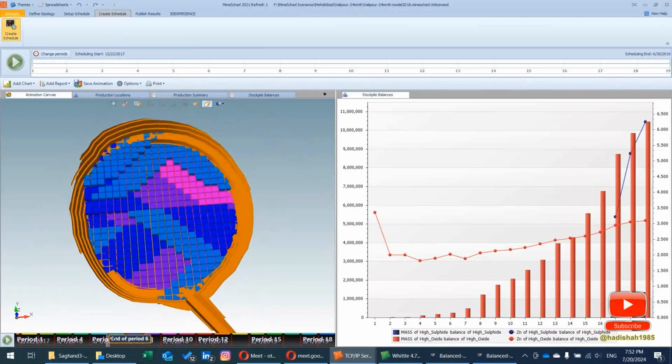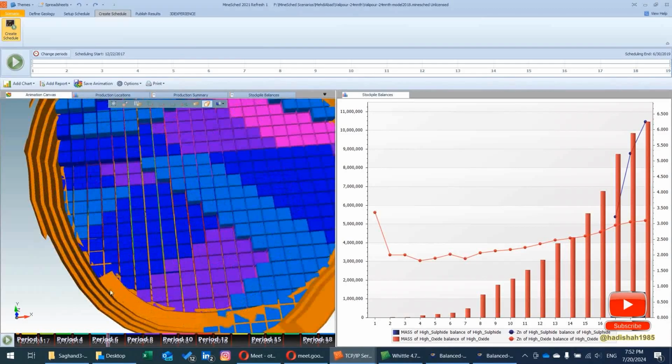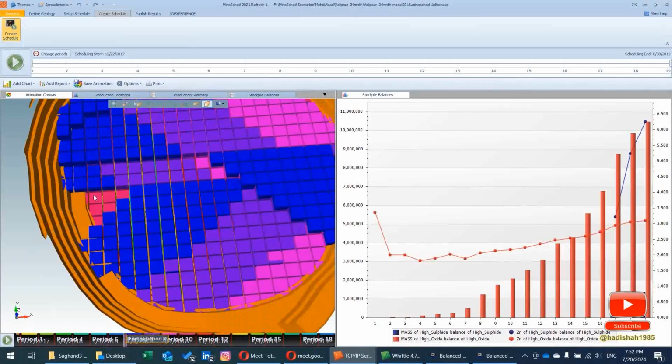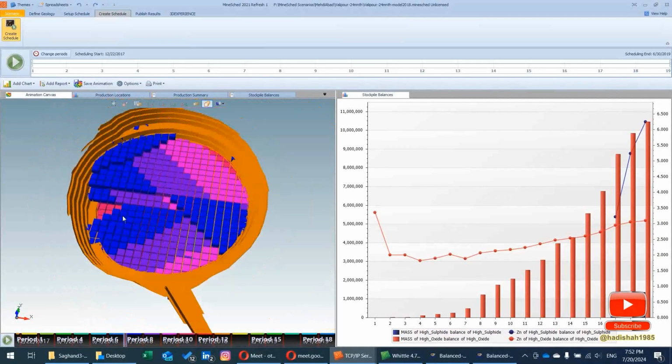Is it clear? For example, here you see that the ramping system is going to come down to this bench here. So this bench, when it starts mining, is supposed to start from this location here. See, the drop cut is opening the new bench here.